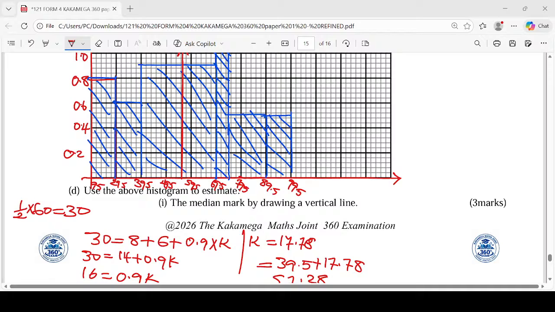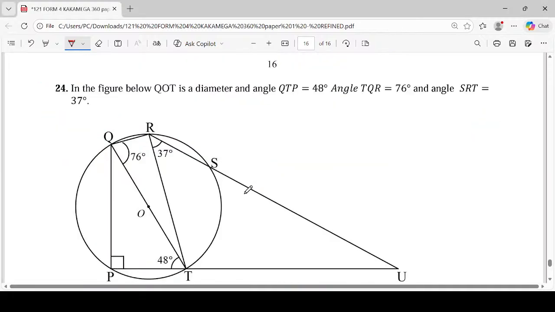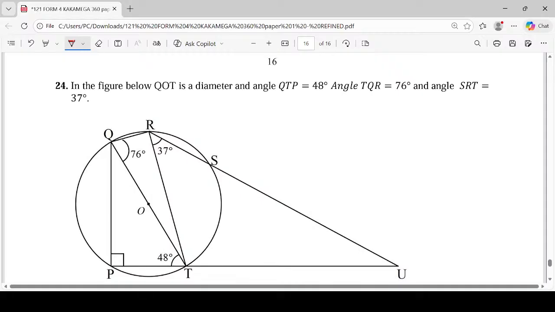Let's look at the last part of this question. In the figure below, QOT is a diameter and angle QTP is 48 degrees, TQR is 76, and angle SRT is 37 degrees.